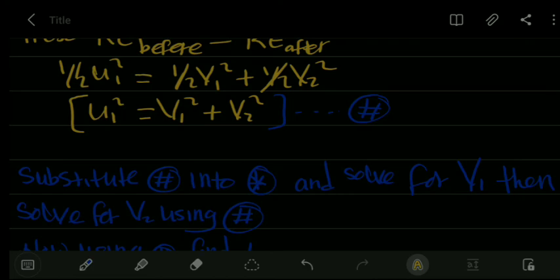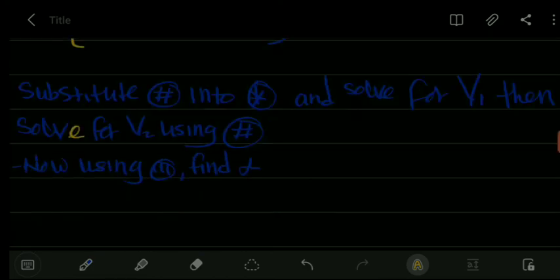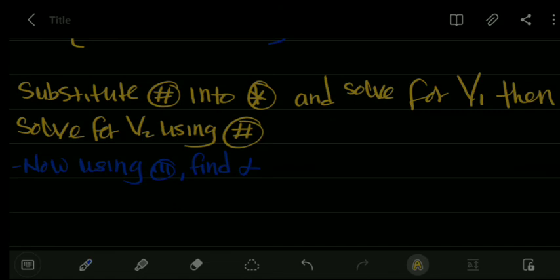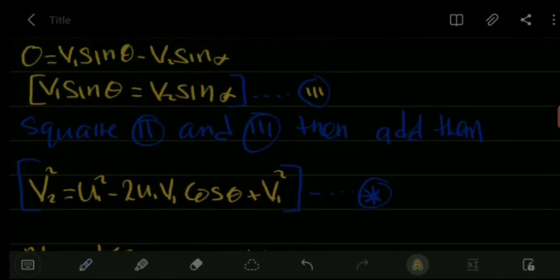Then to find alpha, let me just highlight this. This other part you're going to do on your own. It's very simple. Just follow the steps in this video, and also these final touches here. So now we're saying, using equation 3, find alpha, which is the direction of the second ball, or the second proton in this case.